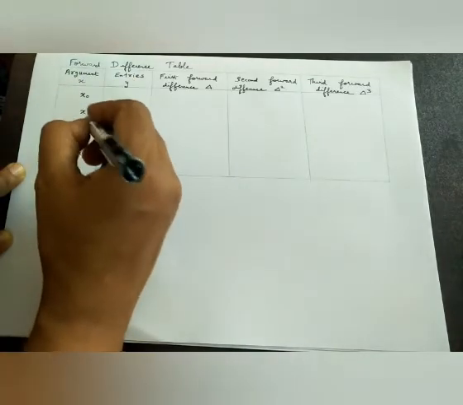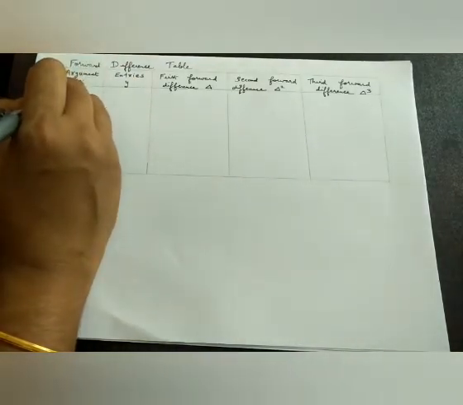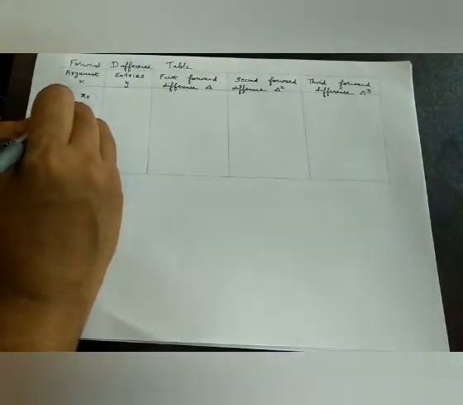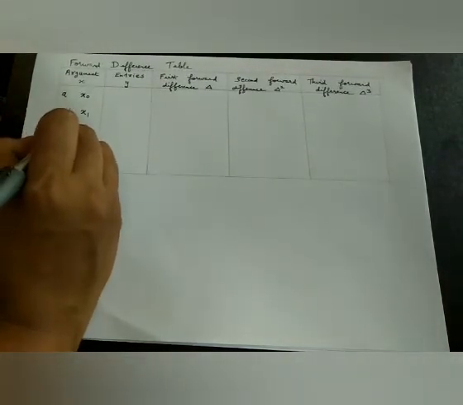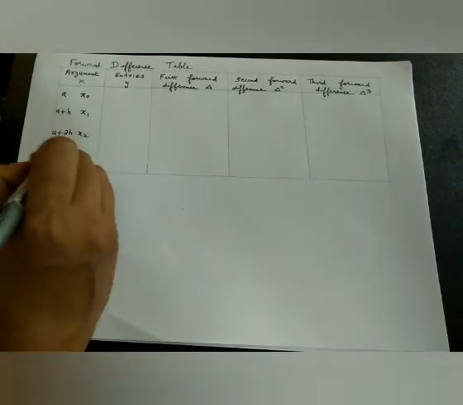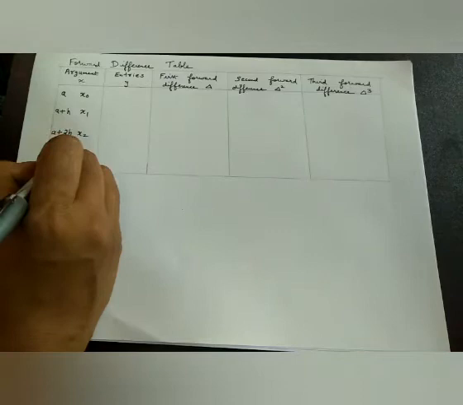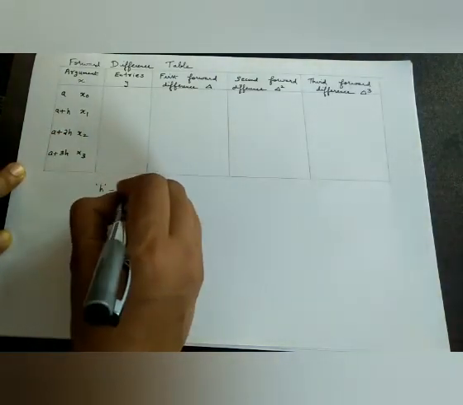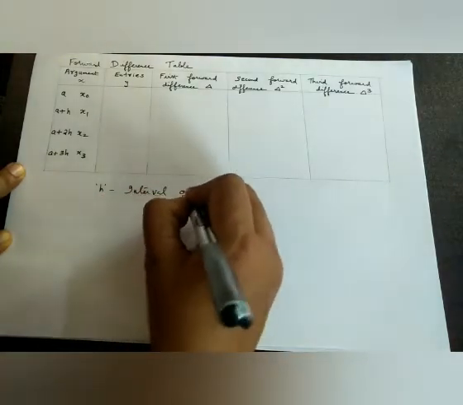Again, this x0, x1, x2 and x3 can be denoted as x0 equals a, x1 as a plus h, then x2 as a plus 2h, then x3 as a plus 3h. Here h is called the interval of differencing.